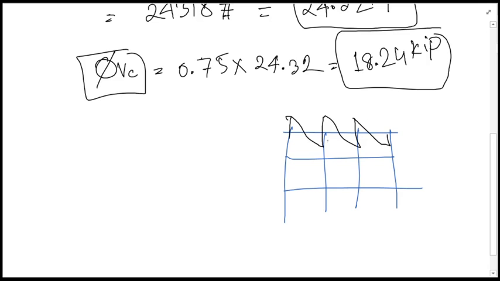You might have obtained the maximum values like this, or these diagrams may be in different shapes depending on the type of load. This is actually for the vertical loads, gravity loads. For the lateral loads, you might be getting different patterns as well.